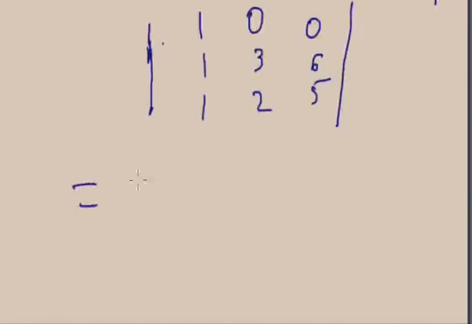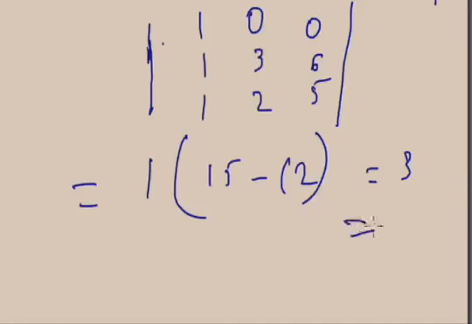So the determinant is equal to 1 into 15 minus 12, which is 3, which is not equal to 0.